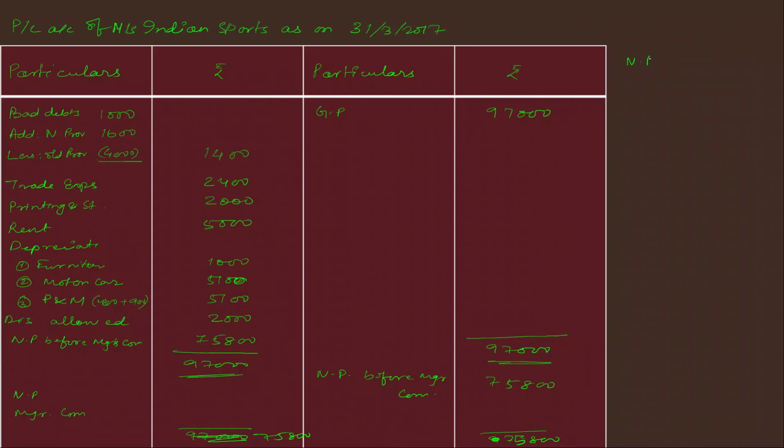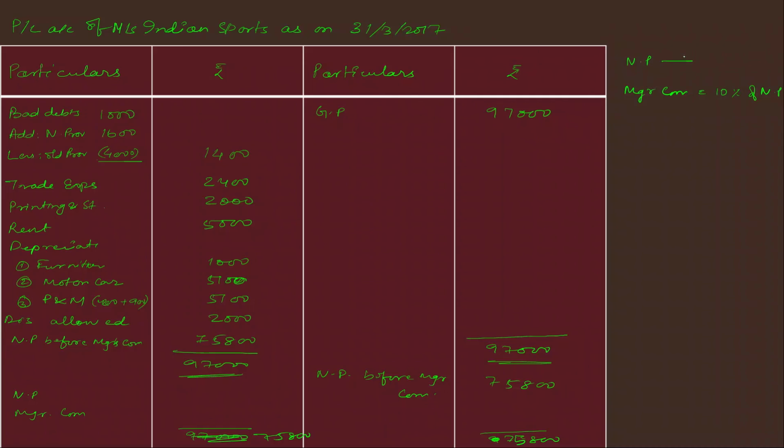profit you are going to calculate, the manager's commission will be 10% of that net profit. Okay, 10% of that net profit, whatever the net profit I am going to calculate. So I know that this manager commission is 10% of this net profit.